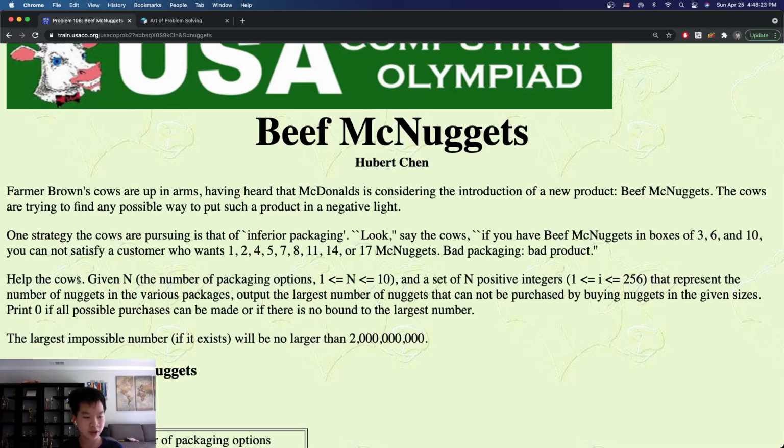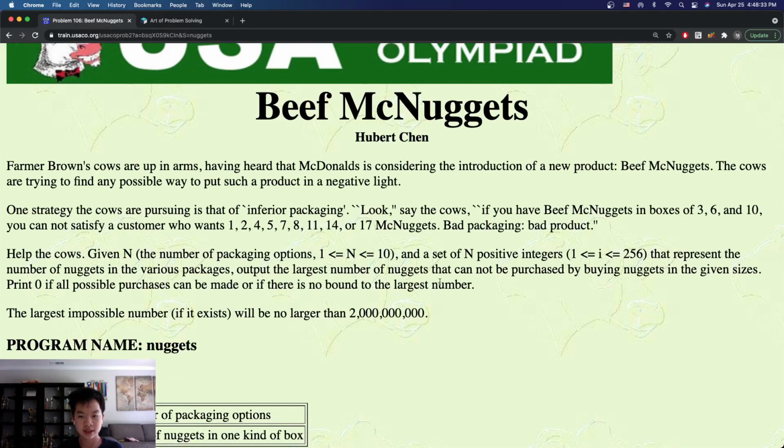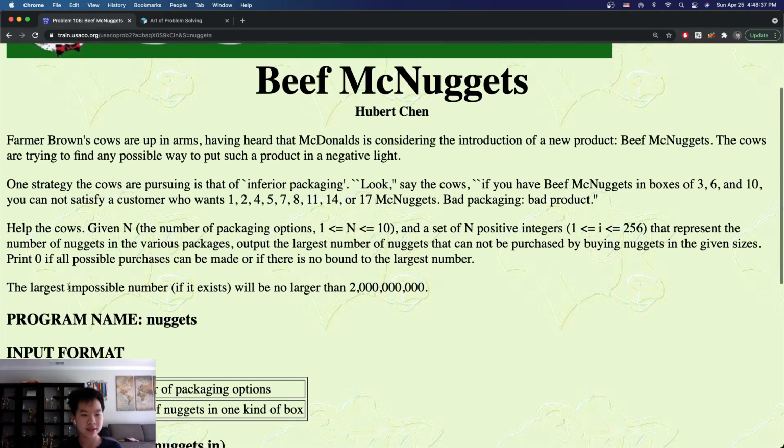Okay, so what we're going to do is we're going to be given these n types of McNuggets. And then we're going to print out the largest impossible number such that it's not larger than 2 million.